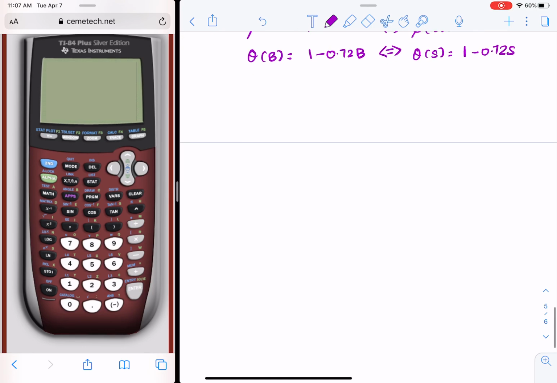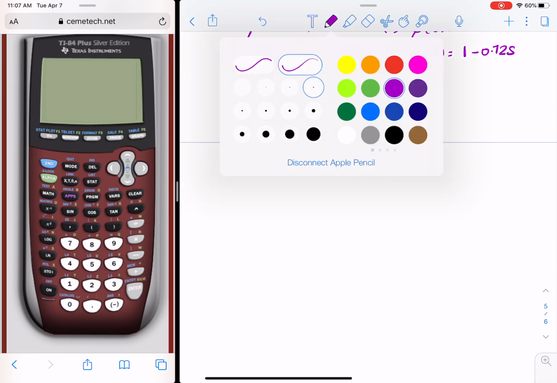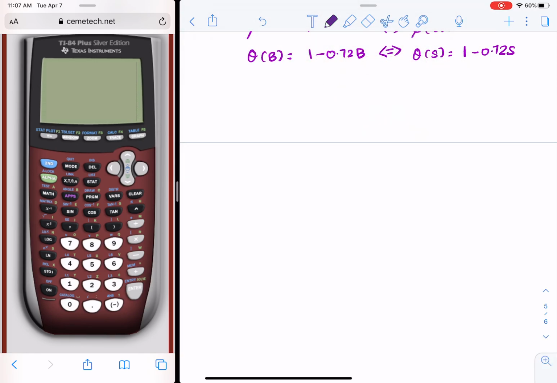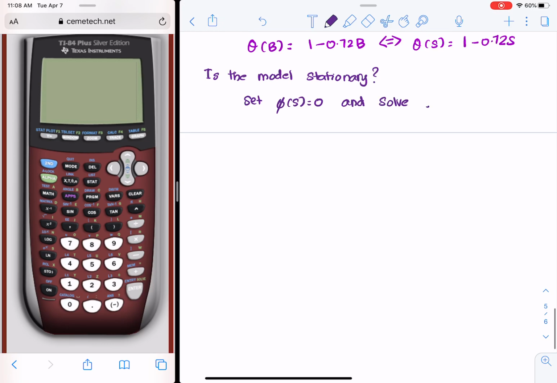So let us see if the model is stationary. So we set phi of b equal to 0, and we solve for s.